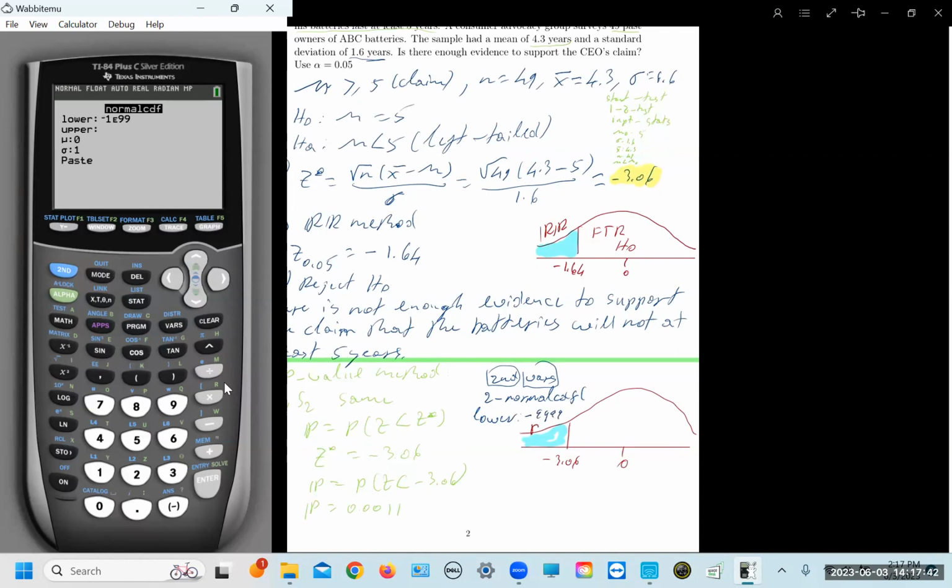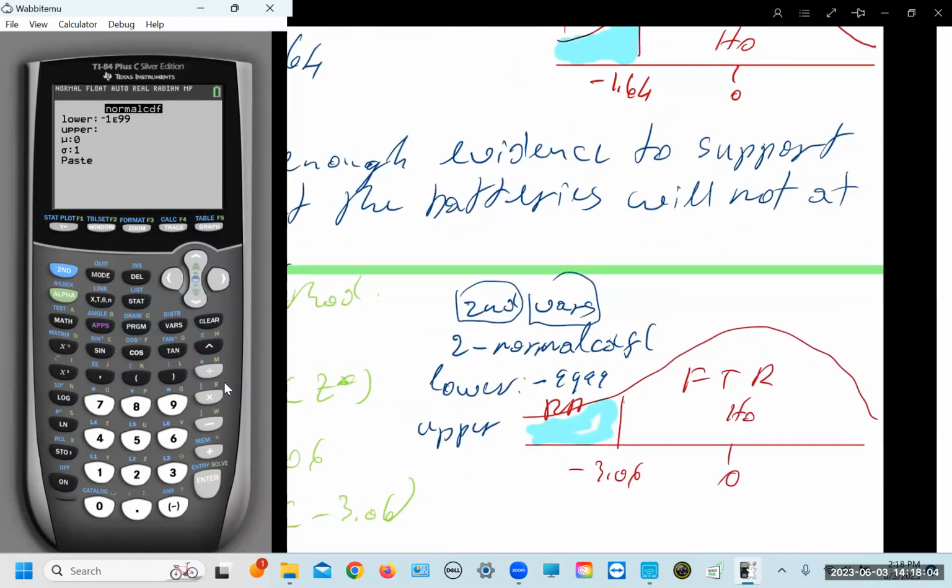The lower, the upper is minus 3.06, and mu is 0, and sigma is 1.